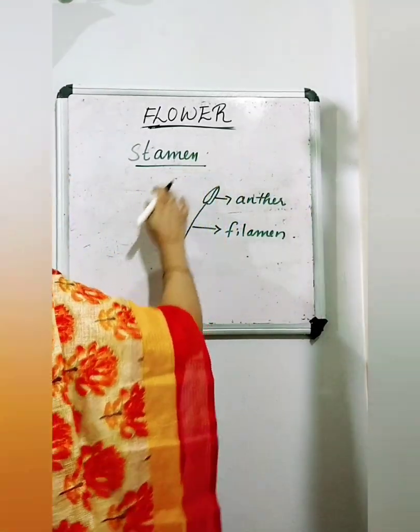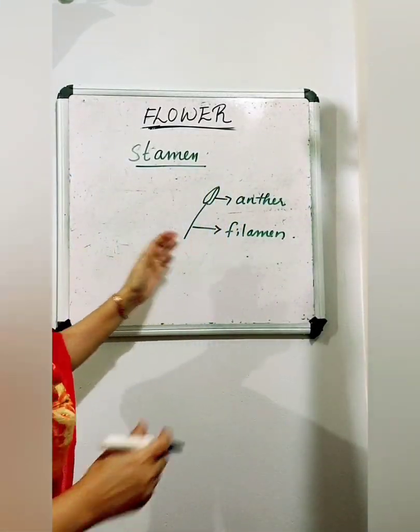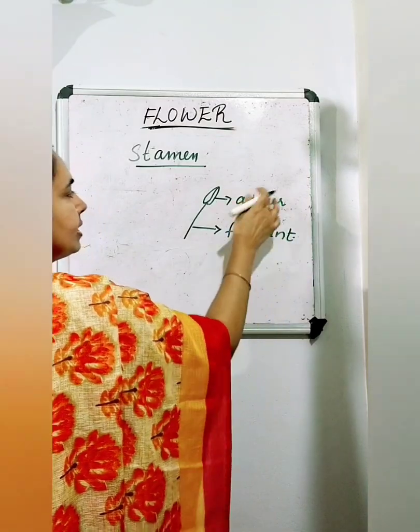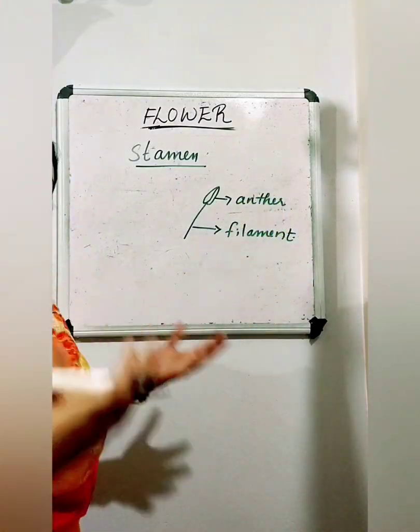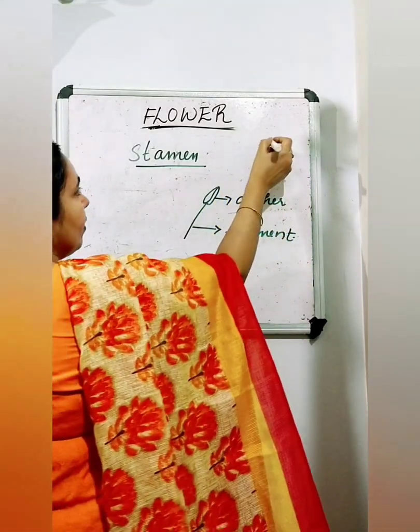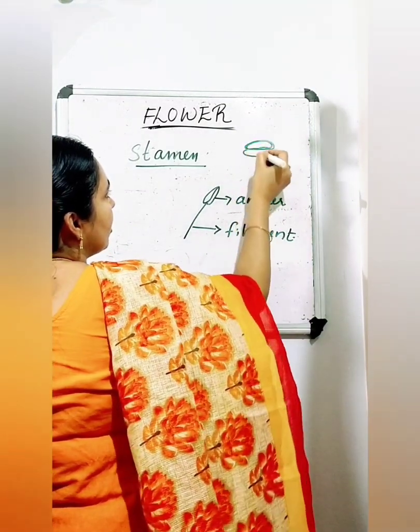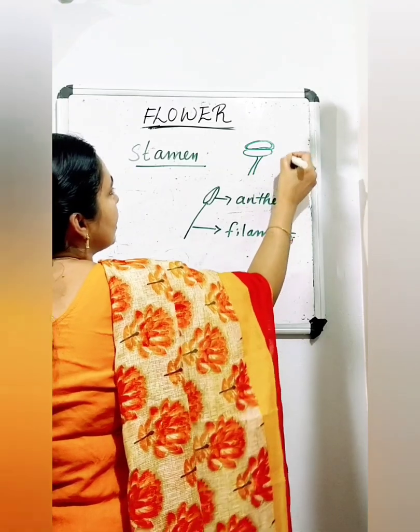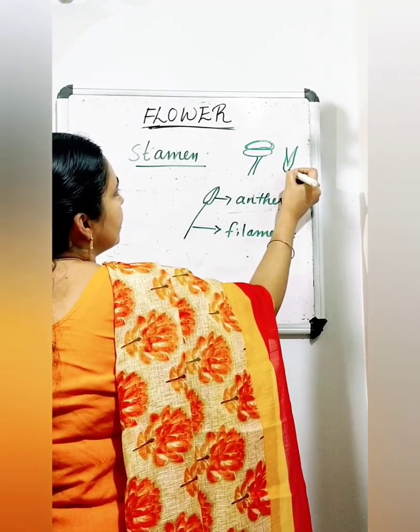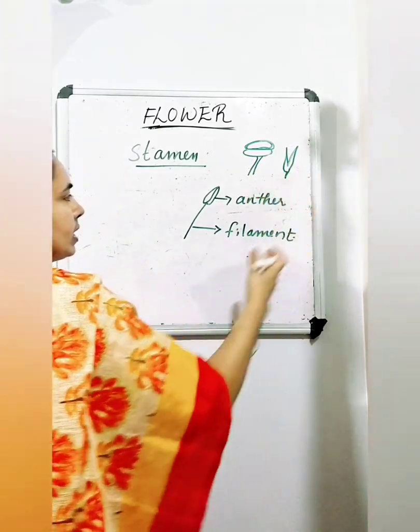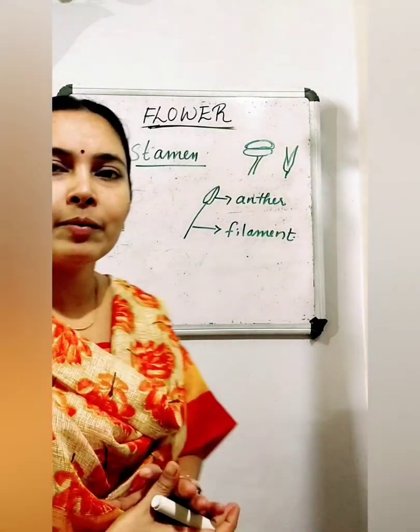This is the stamen. Which are the parts of a stamen? Filament and anther. And the shape of the stamen is different in different flowers. In some flowers the anther will be like this, in some it will be like this. You can see many different shapes.